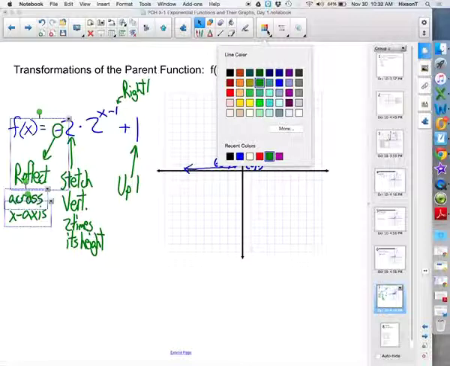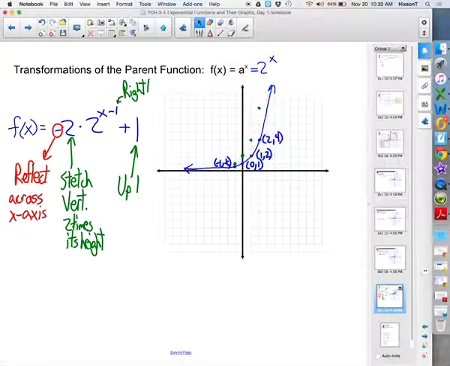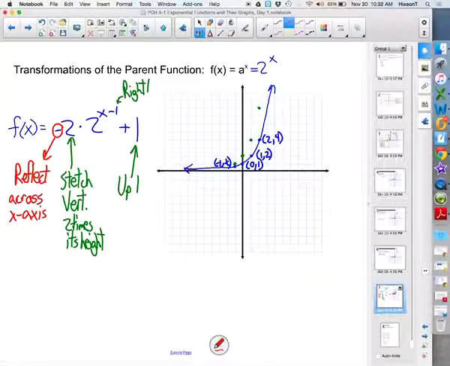Let me make this red, okay? So I'm going to take the stretched points here and I'm going to reflect those. So instead of negative 1, 1, it's negative 1, negative 1. Instead of 0, 2, it's 0, negative 2. Here I'm down at negative 4, and here I'm down at negative 8.